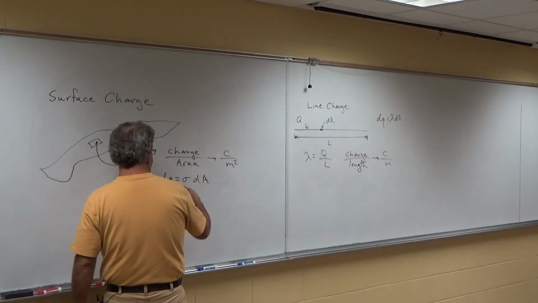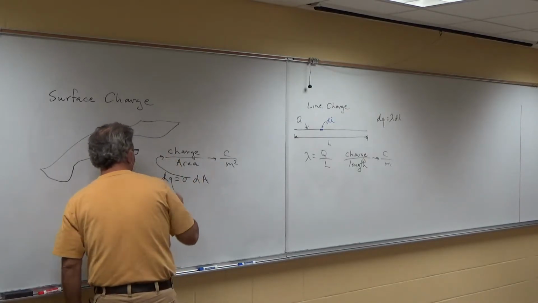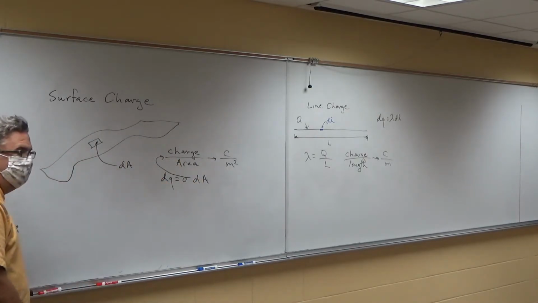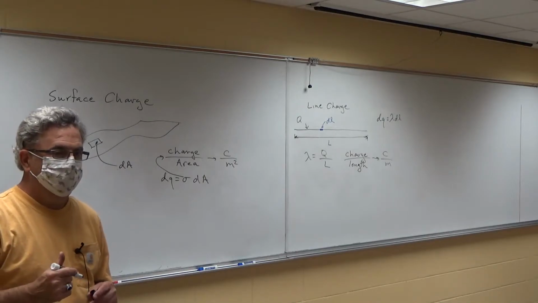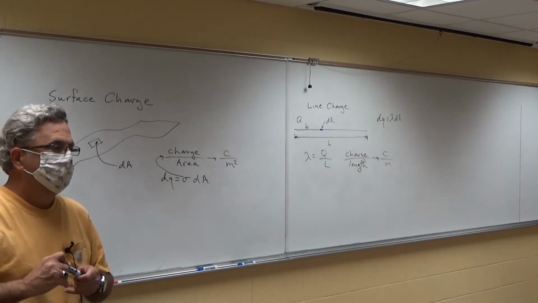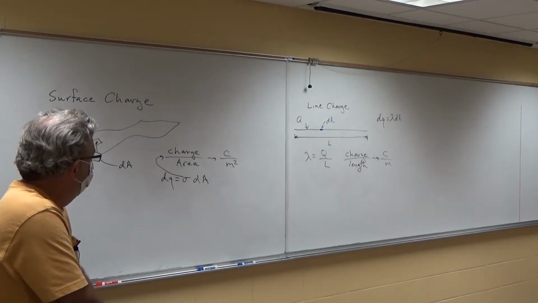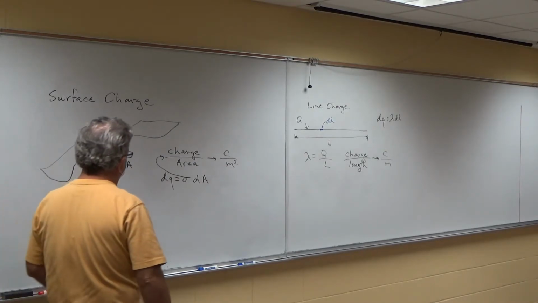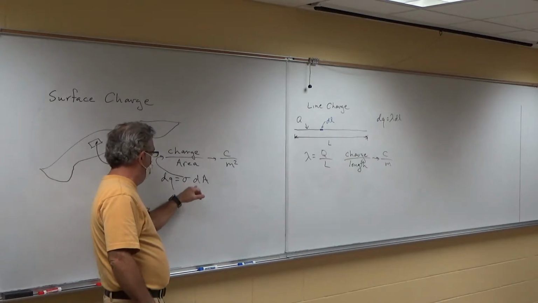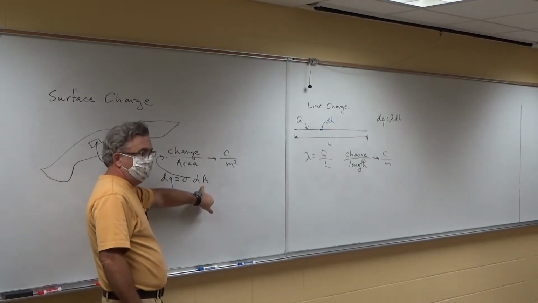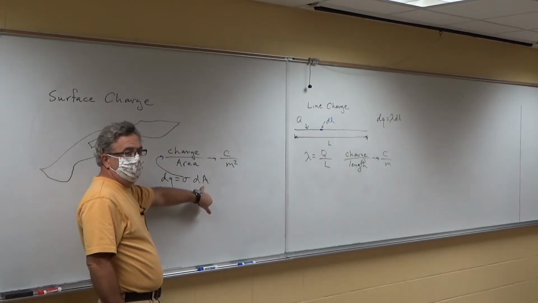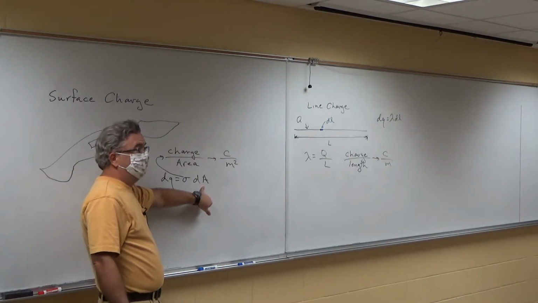Sigma is that charge per unit area. So dQ becomes sigma dA, and you have to figure out how to handle this little bit of dA and do the integral.